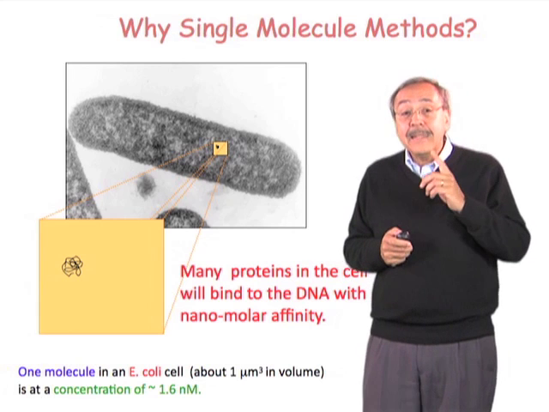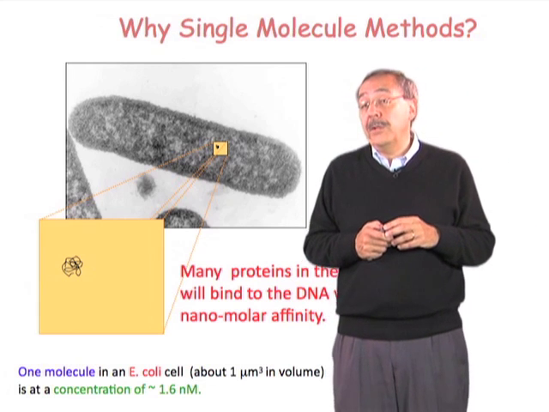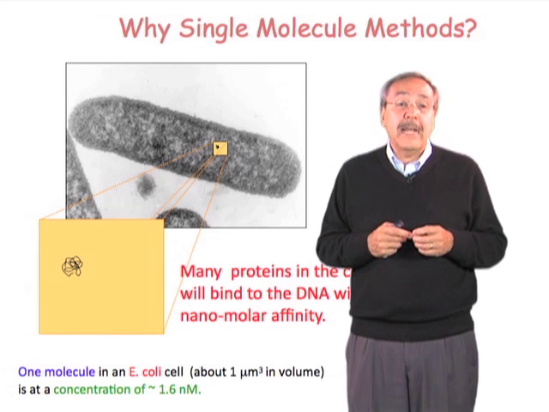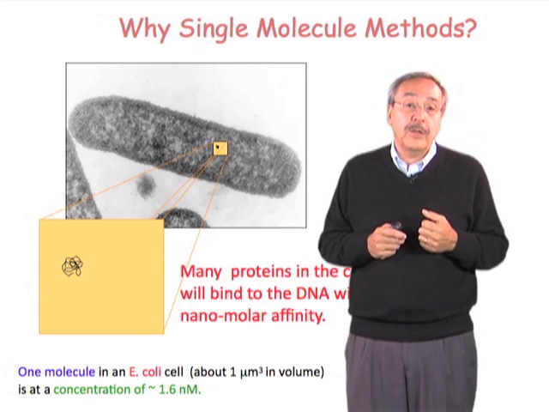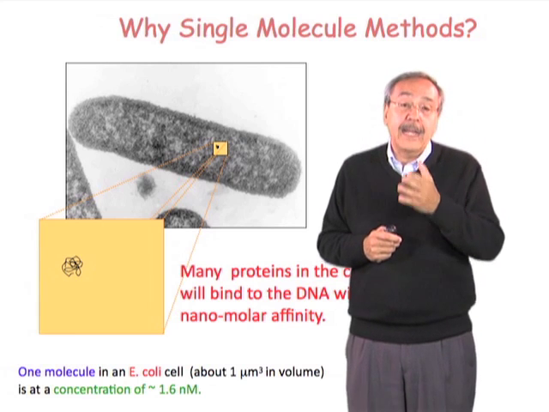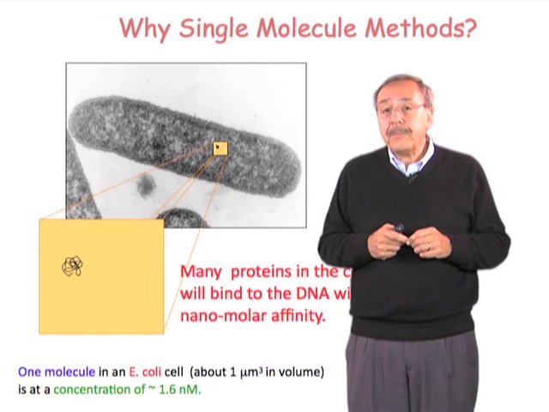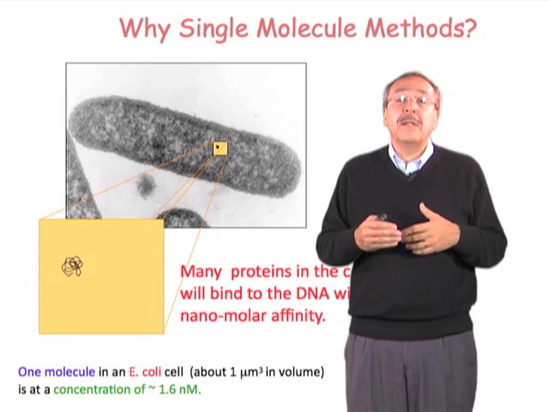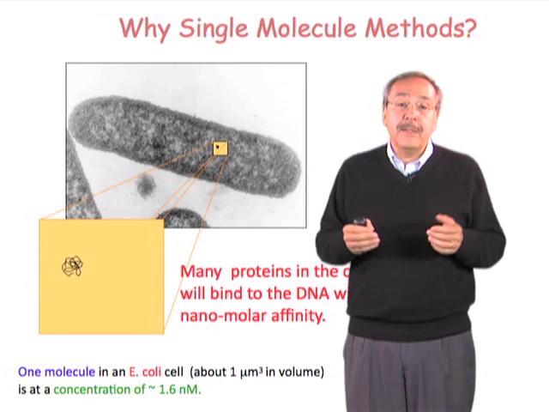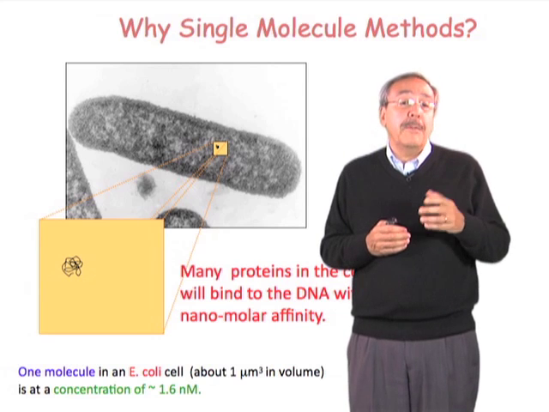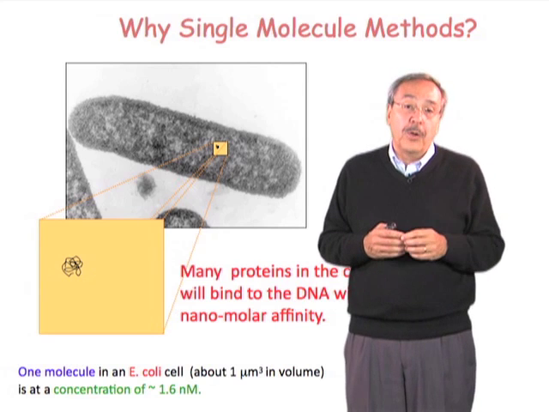And that is a very interesting result because it suggests that many reactions can occur inside the cell with just having one single molecule of any kind inside the bacterium, right? In fact, imagine that that protein is a DNA binding protein. We know that the affinity of most DNA binding proteins is below nanomolar.